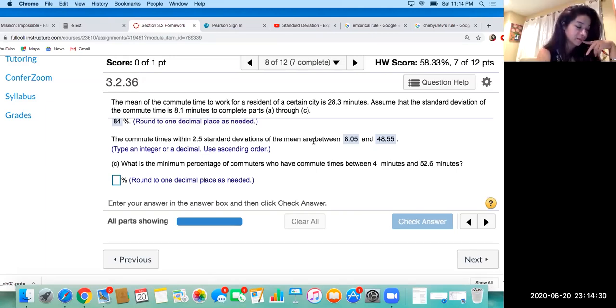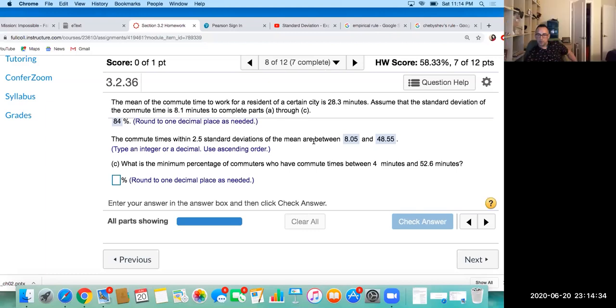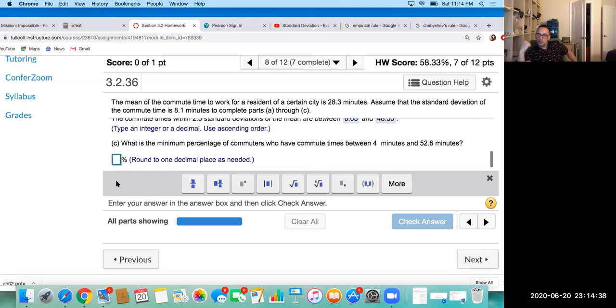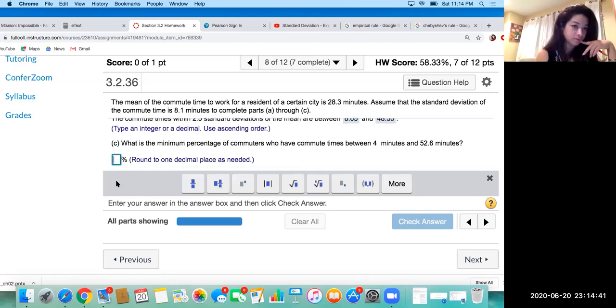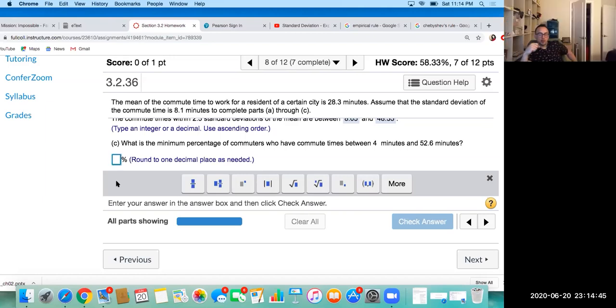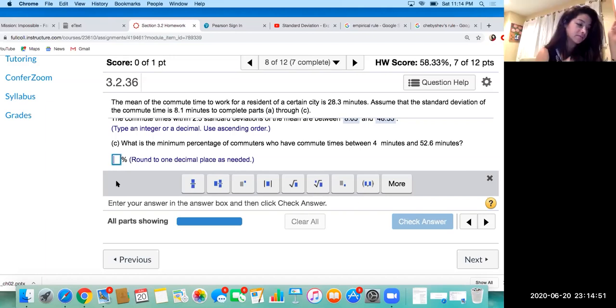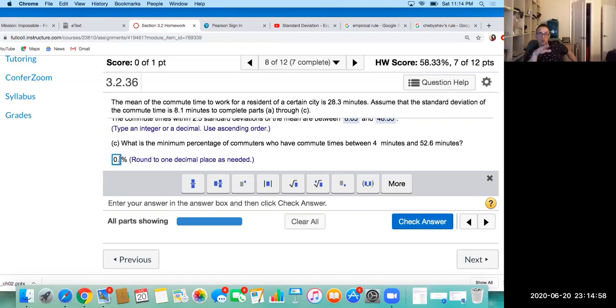So I get 0.888888, then it says round to 1 decimal place, so 88.9. You said that the answer was 0.888888? Yes. So then 88.9. No, this is a percentage. 88.9.